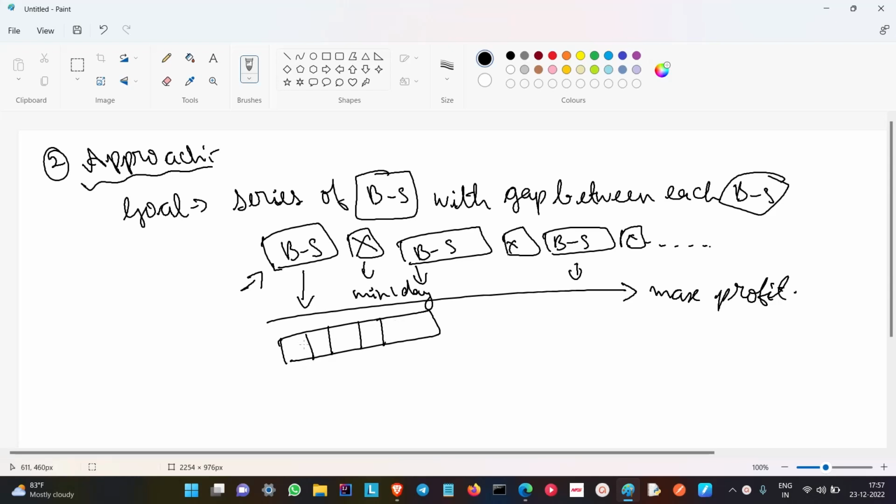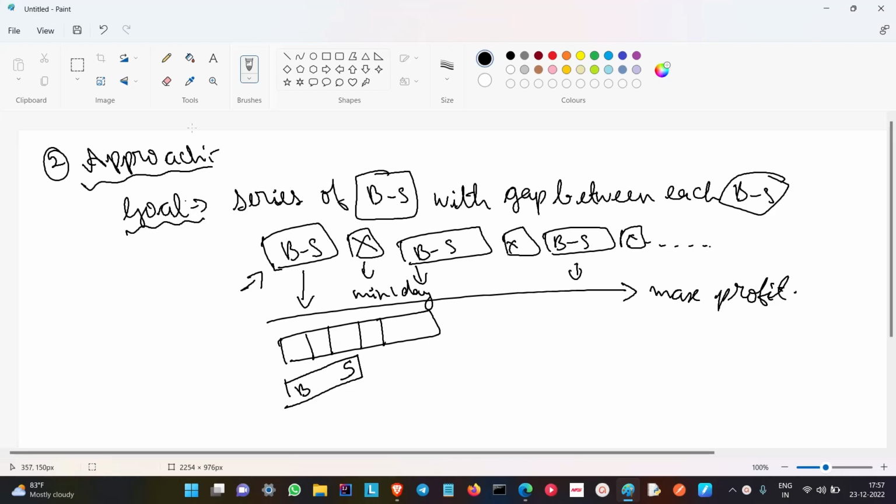So here's 1, 2, 3, 4, 5 days. So maybe the answer may be like buy sell gap and buy sell, or the answer may be just only one buy and sell. So this might be the answer. So we need to find out that. So this is what our goal is.